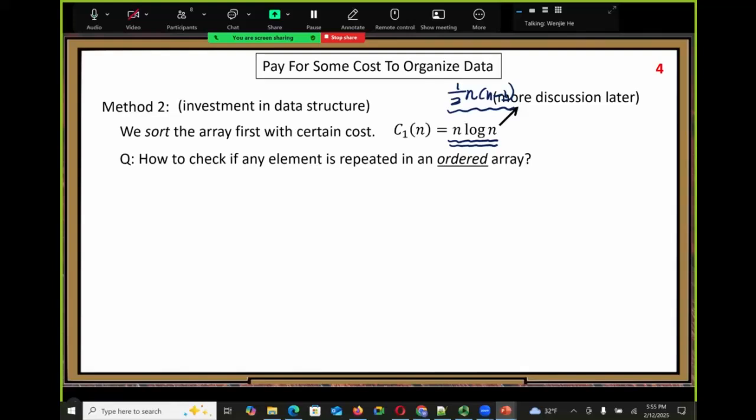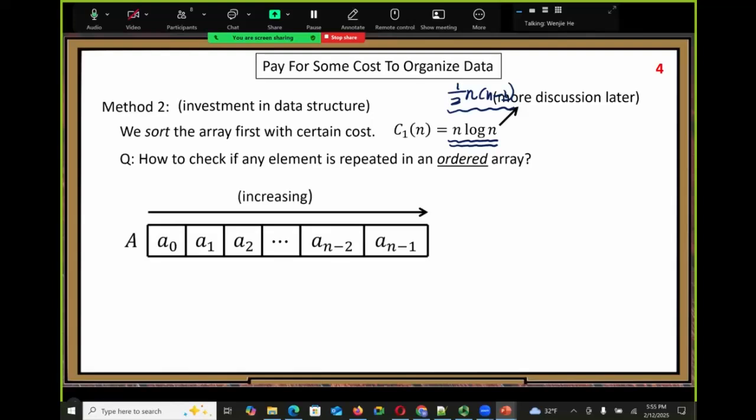Can you do less work compared with our method number 1, the brute force method, where the data is unordered? Imagine the data is ordered. Can you save some comparison work?